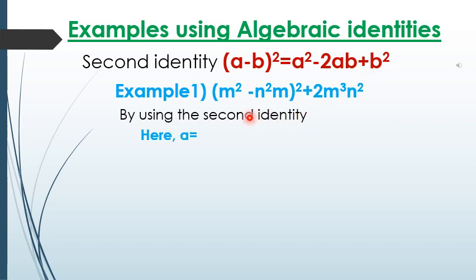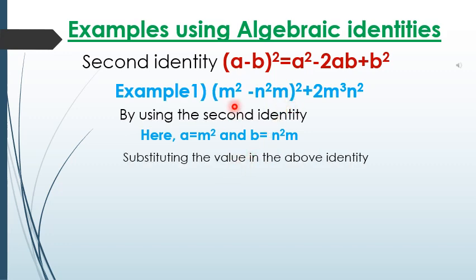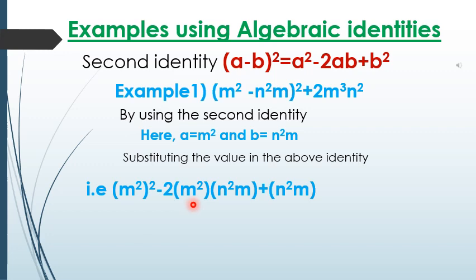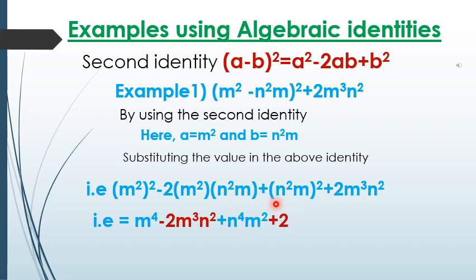Here a is equal to m² and b is equal to n²m. Substituting the values in this identity, that will be (m²)² - 2m²n²m + (n²m)² + 2m³n², which is equal to m⁴ - 2m³n² + n⁴m² + 2m³n².